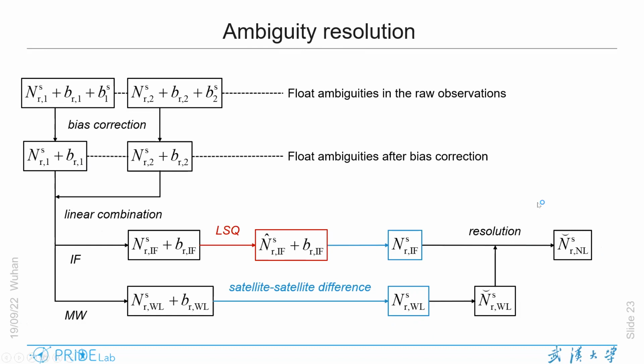You don't need to worry about these unfamiliar names. The only thing you need to remember is that the solved wide-lane ambiguities are the prerequisite to resolve the narrow-lane ambiguities. In this process, the satellite biases are corrected by the bias product, and the receiver biases are eliminated by the satellite difference.